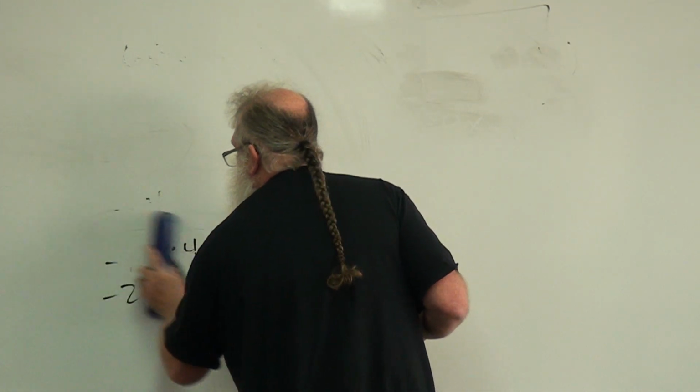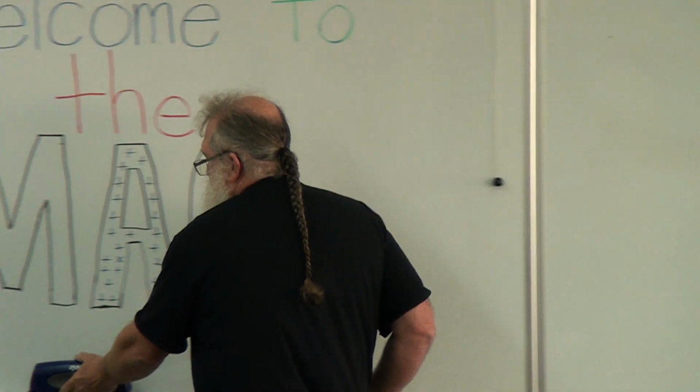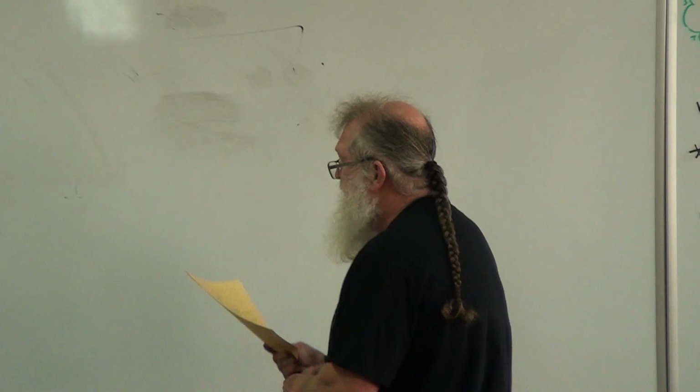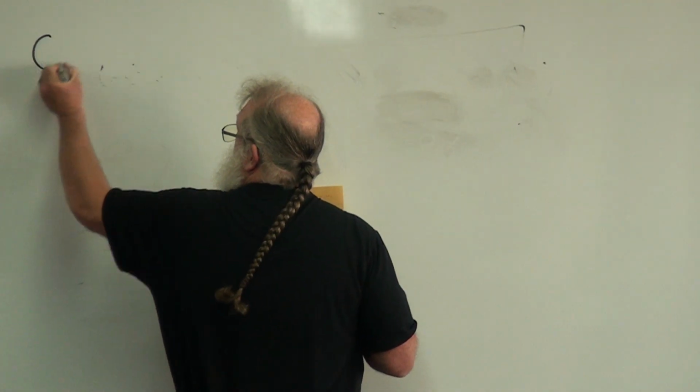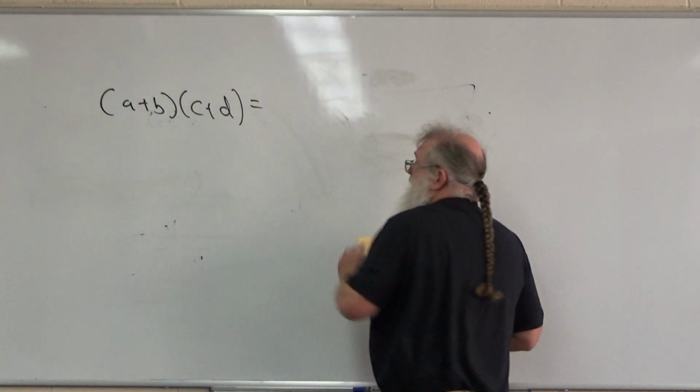I want to look at FOILing out this expression right here. So let me take A plus B times C plus D, and let's FOIL it out.